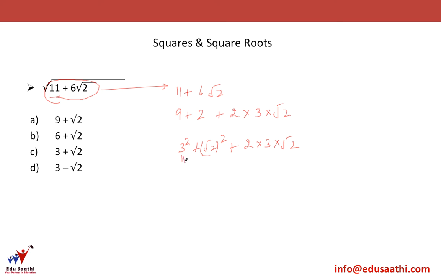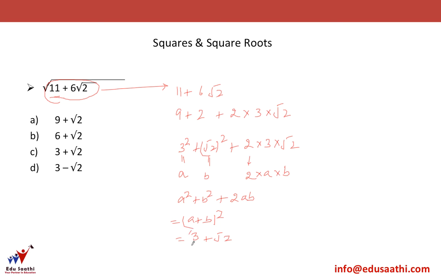So if I define 3 as a, root 2 as b, then this becomes 2 into a into b. So this is nothing but a square plus b square plus 2ab, which is equal to a plus b whole square. So in this case, a is 3 and b is root 2.